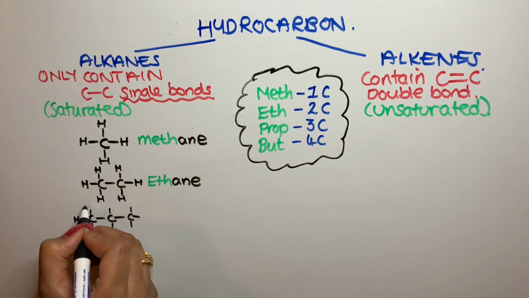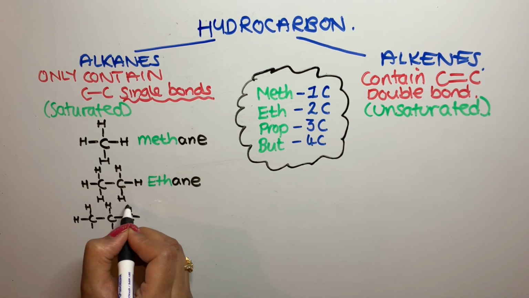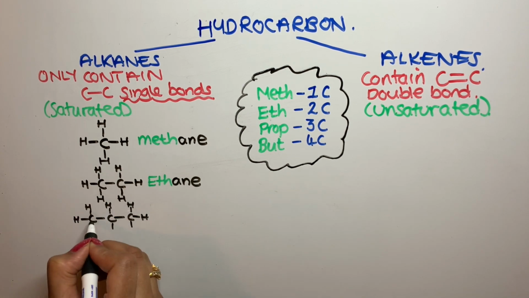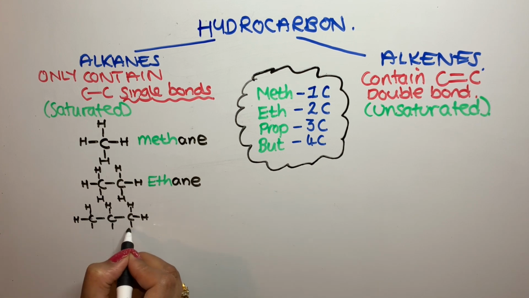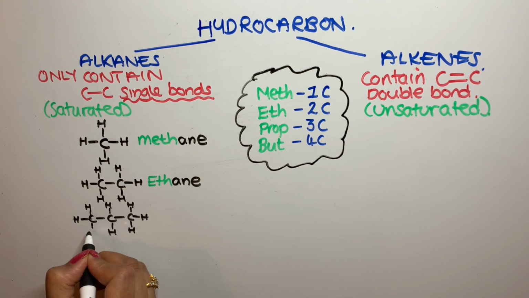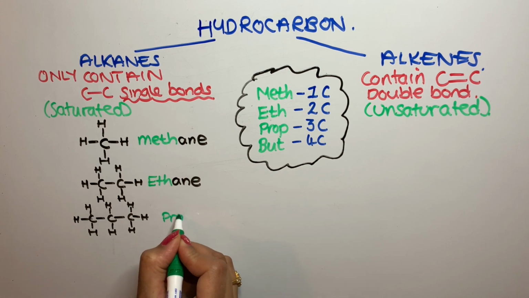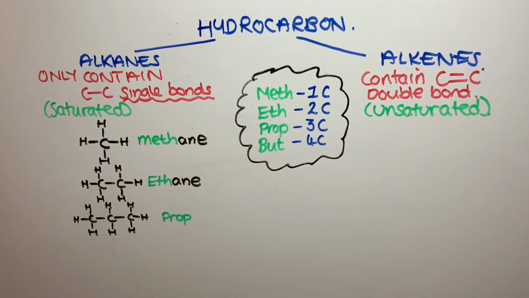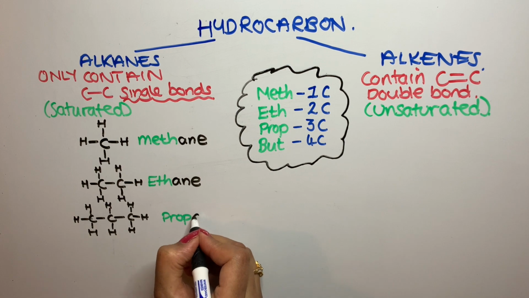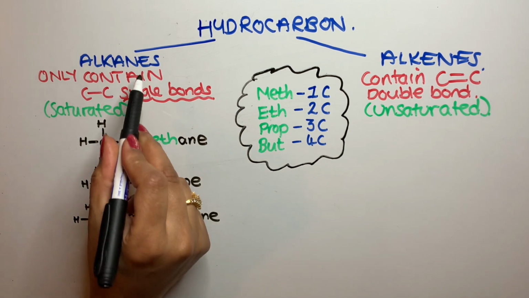And it's bonded to hydrogens. So where the carbons are not bonded to each other, they are then bonded to hydrogen atoms. And this time I have 3 carbon atoms, so the first part of the name is prop, and then the second part of the name is ane, because it's an alkane.